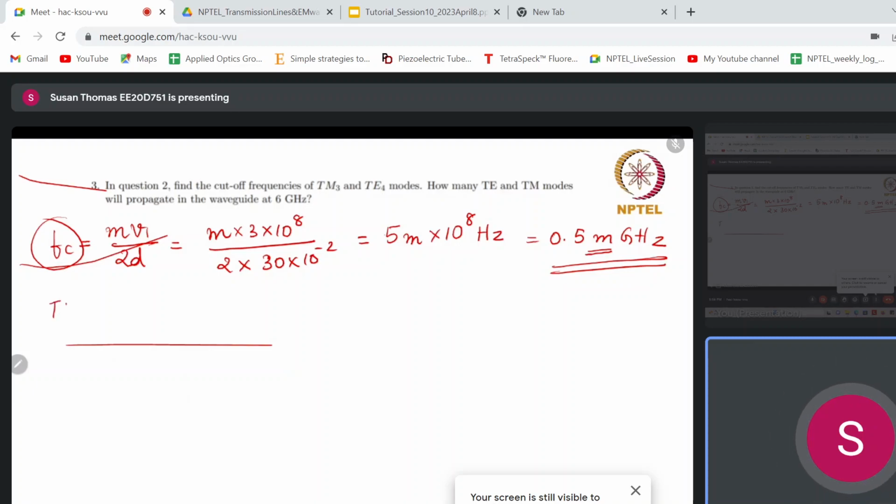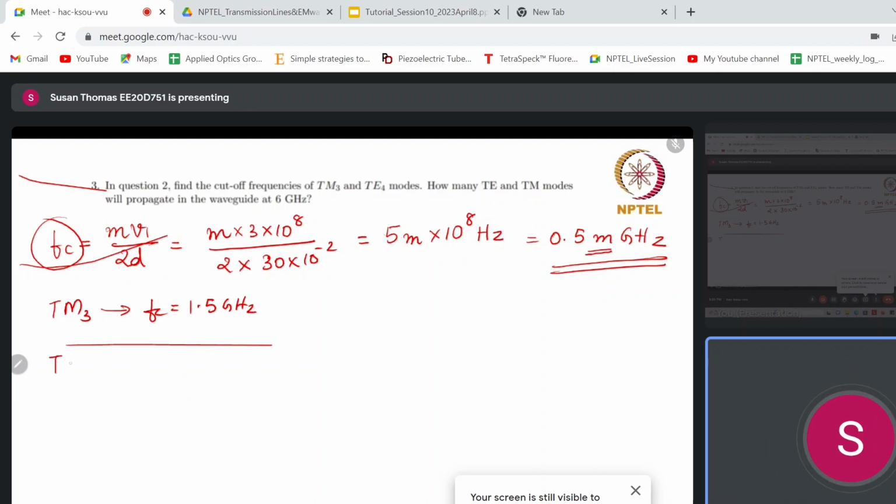In case of the TM3 mode, you just have to substitute m as 3. So 0.5 into 3 gives you 1.5 gigahertz. So the TM3 mode has a cutoff frequency Fc of 1.5 gigahertz.